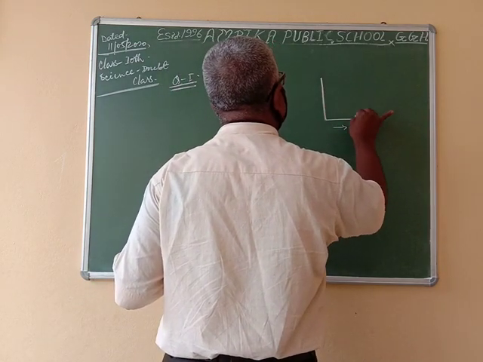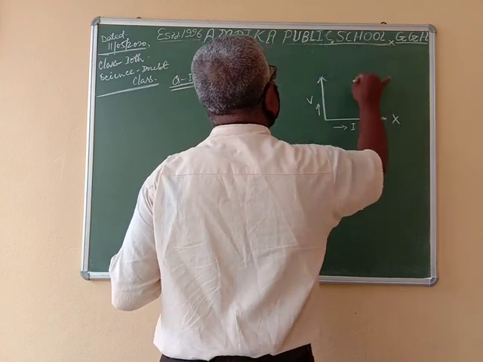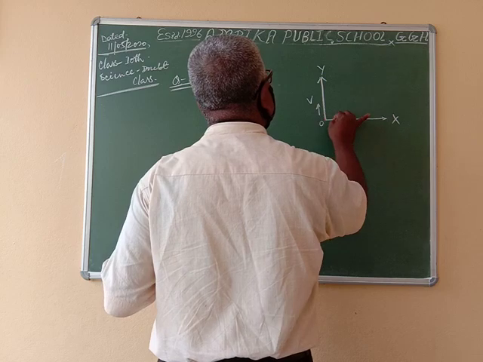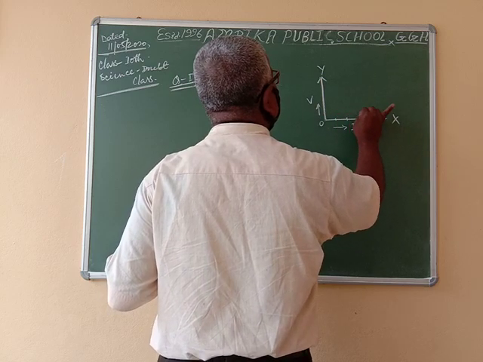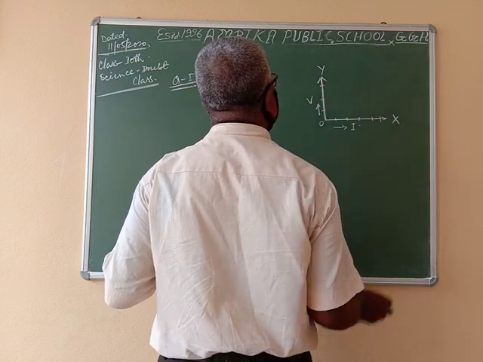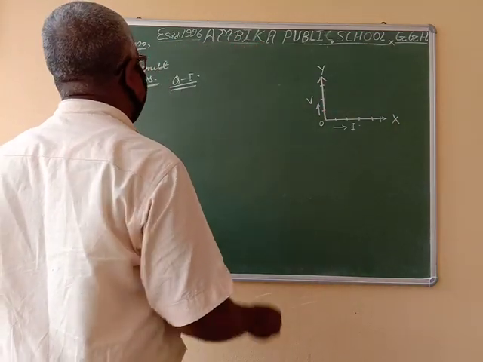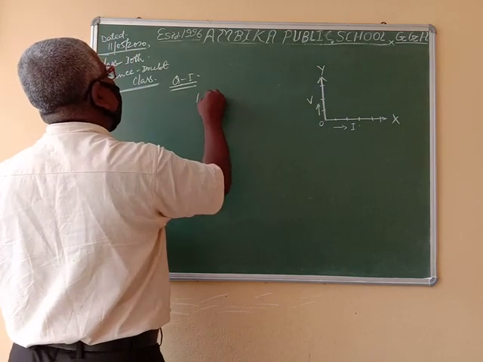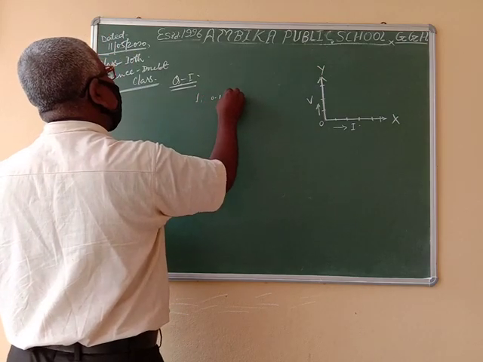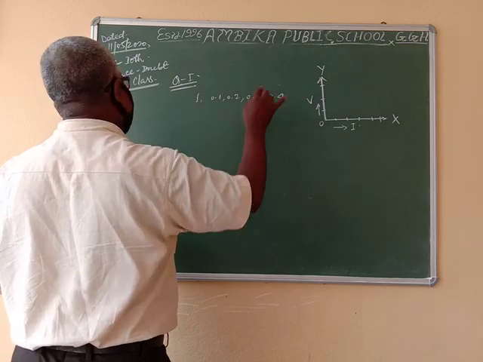This is I, this is V. Here the values of I are given as 0.1, 0.2, 0.3, 0.4 ampere.